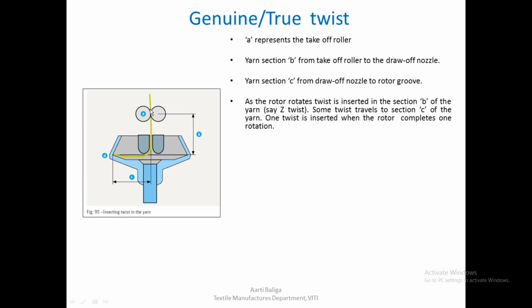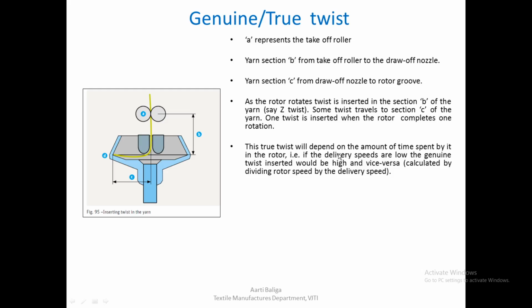So twist gets inserted in this section B between the delivery or the takeoff roller and the draw off nozzle, and we know that one twist is inserted when the rotor completes one rotation. So this is the true twist that actually gets inserted, and it happens in the section B first due to the rotation of the rotor.